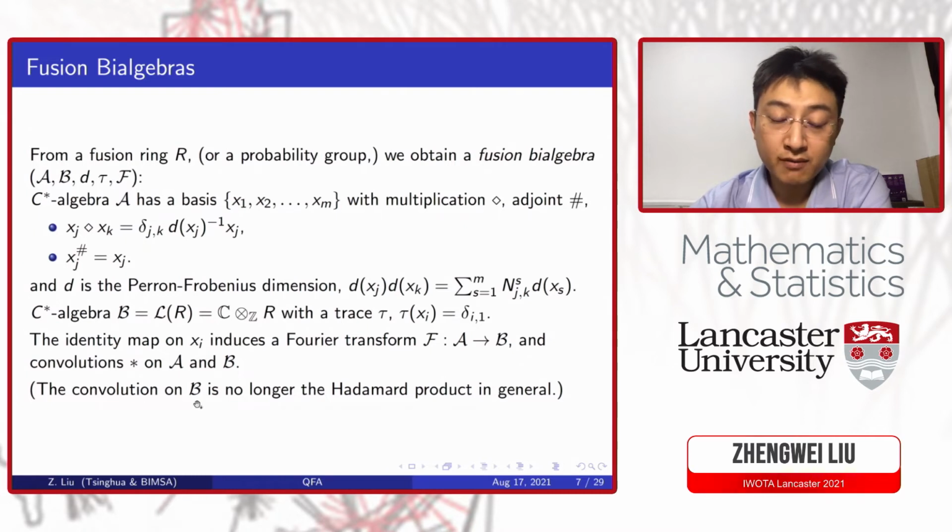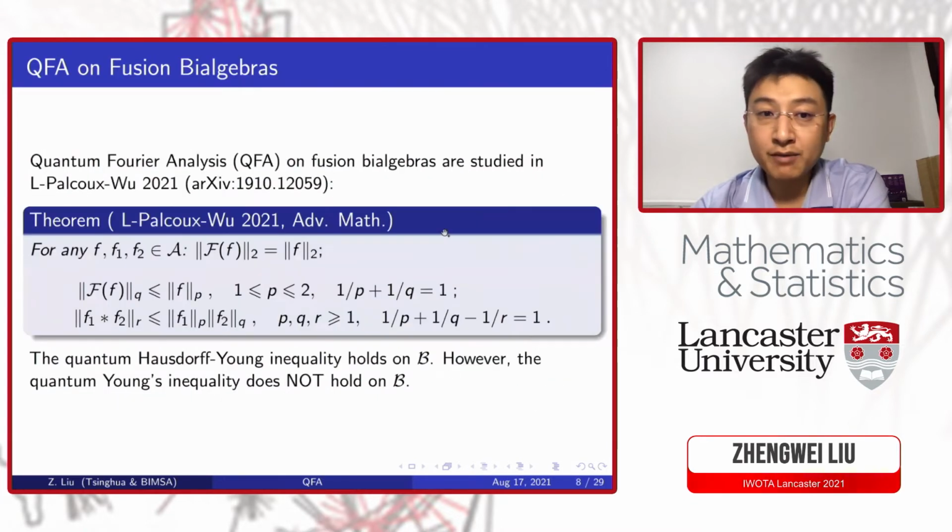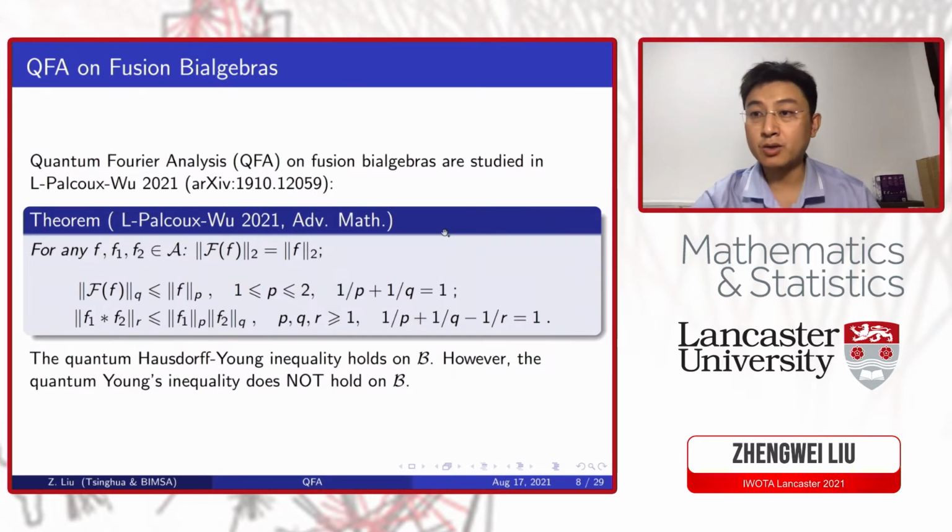And the convolution on the B side is no longer the Hadamard product, it's the pointwise product of matrices. But still, we have two algebraic structures in the setting. And then next step, after we have the algebraic setting, with two algebras with multiplication, with measurements, with Fourier duality, it preserves the two norm. All the algebraic conditions are good.